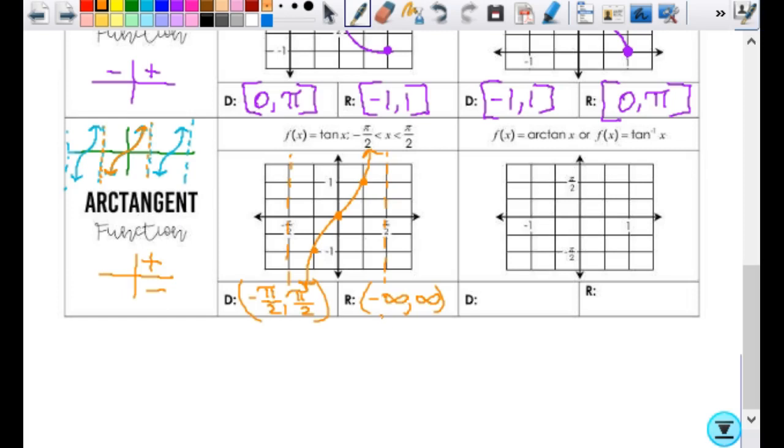All right, so let's look at the inverse. So we'll do the same thing we did on the other ones. 0, 0 is 0, 0. This point that is pi fourths, 1 becomes 1, pi fourths. Negative pi fourths, negative 1 becomes negative 1, negative pi fourths. And then your vertical asymptotes become horizontal asymptotes. So it looks like this. And then that is plenty to get it drawn in.